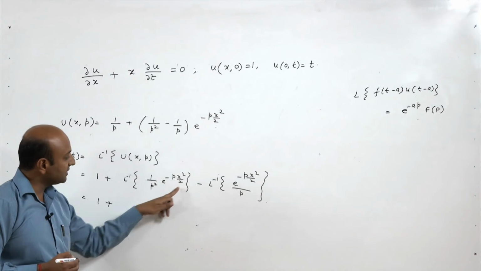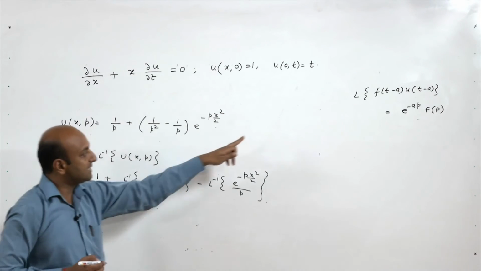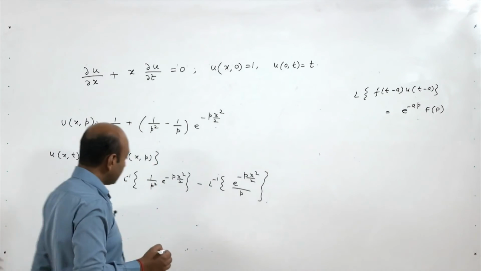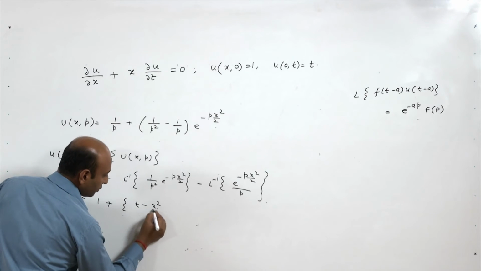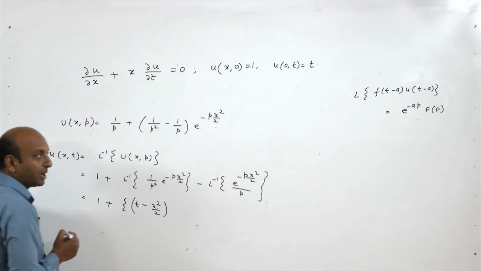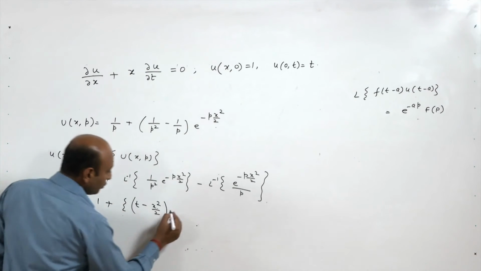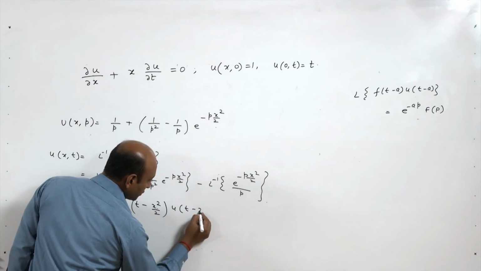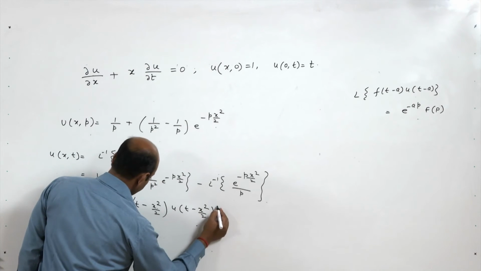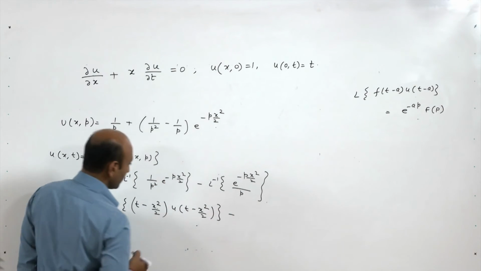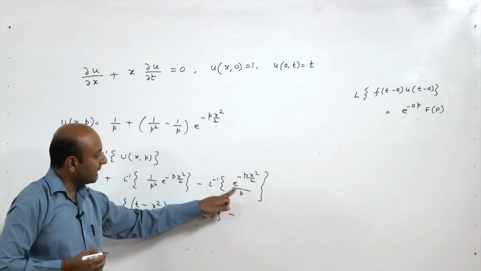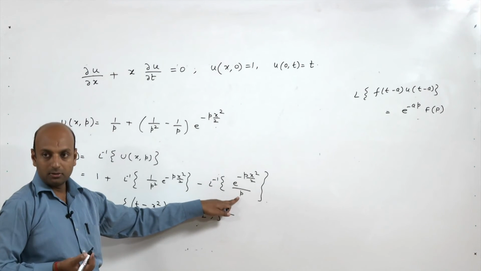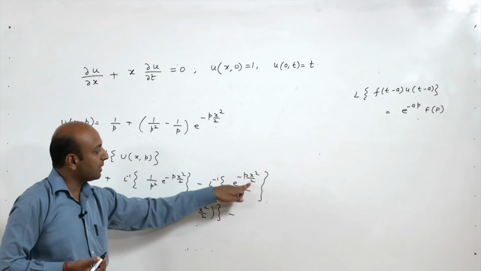So, the Laplace inverse of this entire expression by this formula is nothing but t minus x square by 2, because a is x square by 2, times u of t minus x square upon 2, plus minus. Now, here Laplace inverse of 1 by p is 1, so f(t) is 1 and a is x square by 2.